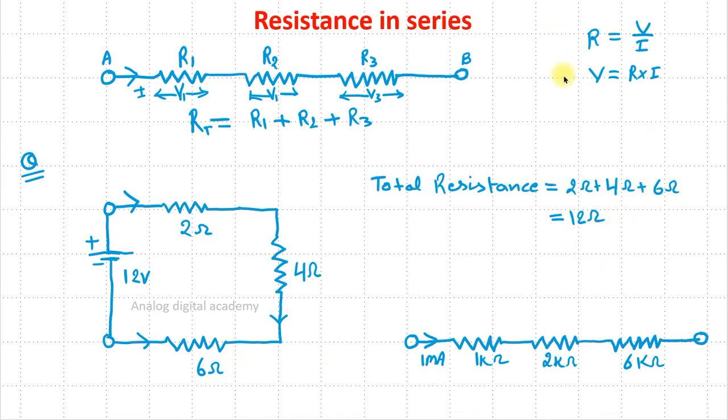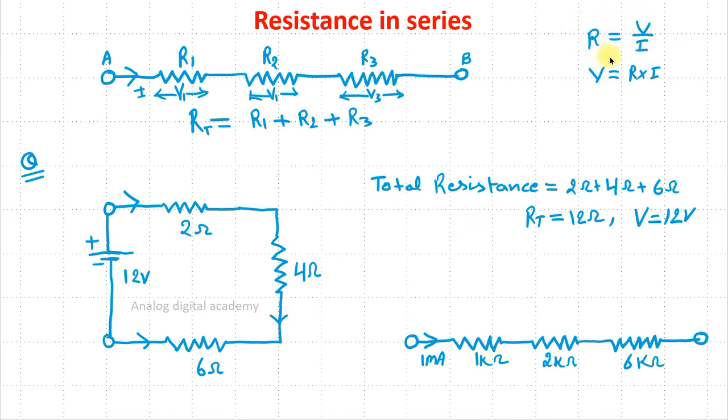As per Ohm's law, we have the value of voltage and we have the value of total resistance, and the voltage value is 12 volt. So we have two values out of 3.